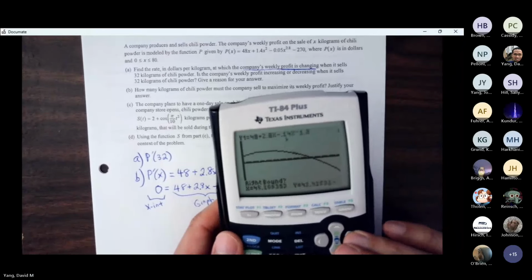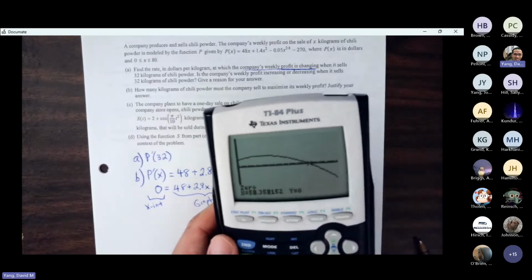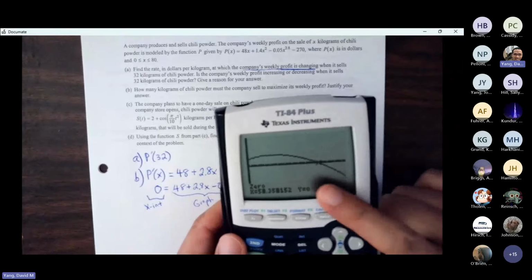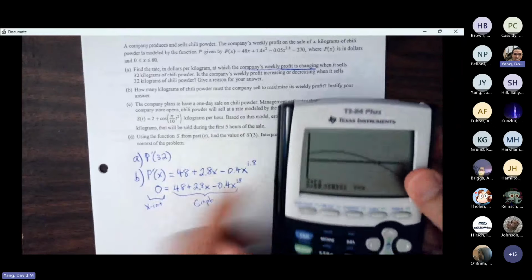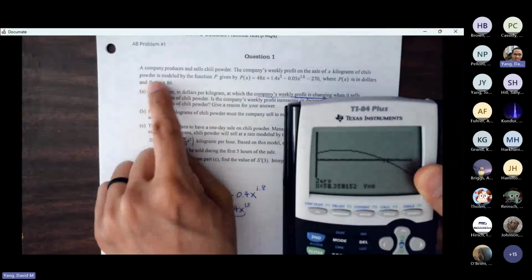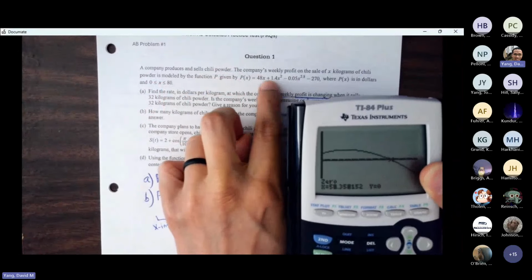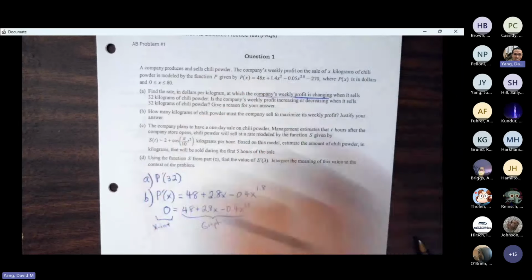Enter. Scroll to the other side, hit enter again. There it is, 58. So we know there's a critical point at 58. There's only one critical point, so we'll test 58.358, and we'll test 0, and then we'll test 80, and we'll insert them all into the P of x equation and see which one produces the largest value.